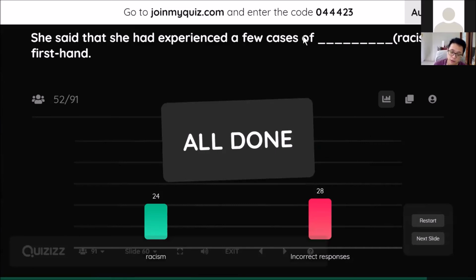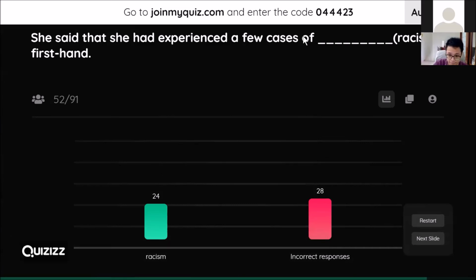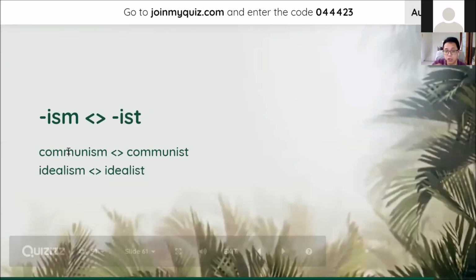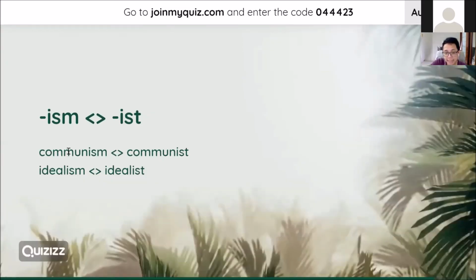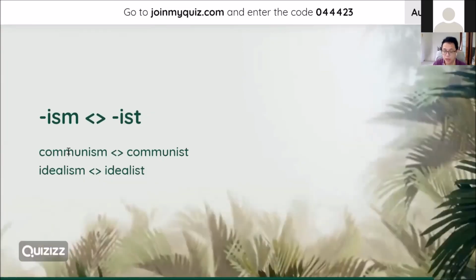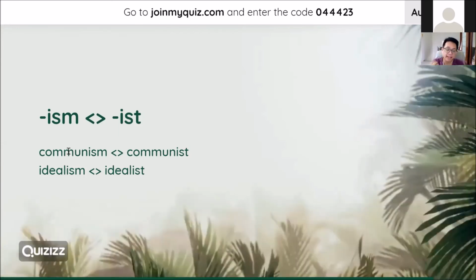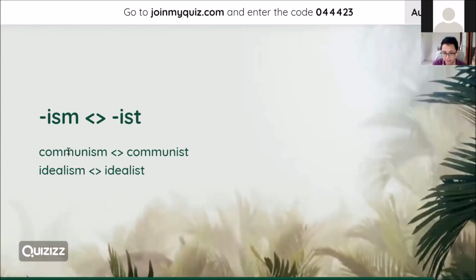Okay, so IST, ISM. The pattern is this. Okay, so like for example, communism, communist, idealism, idealist. So ISM is the idea, IST is the person having the idea.